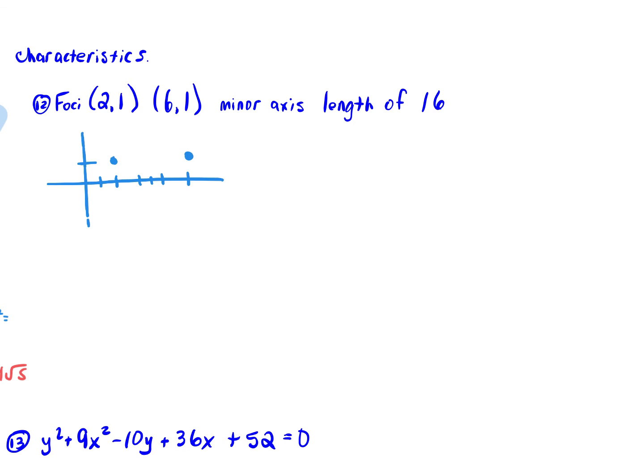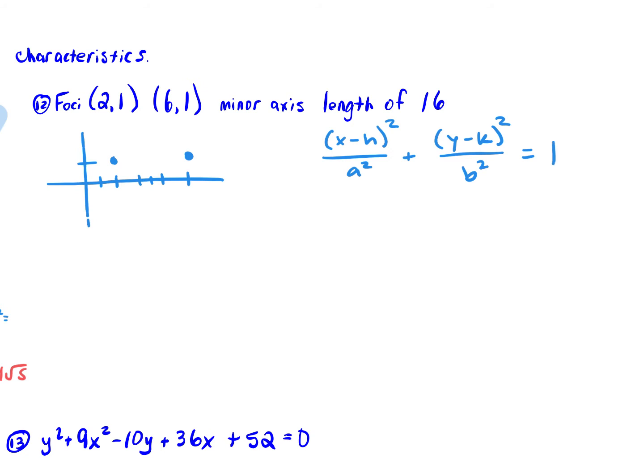And then, is it a horizontal ellipse or a vertical ellipse? Horizontal. So that means a squared is going to go under the x. So we have x minus h squared over a squared plus y minus k squared over b squared is equal to 1.